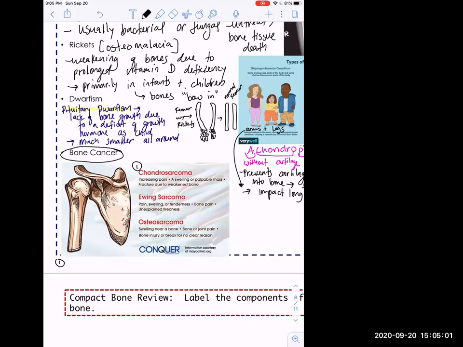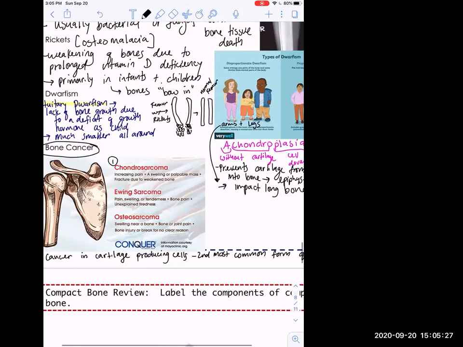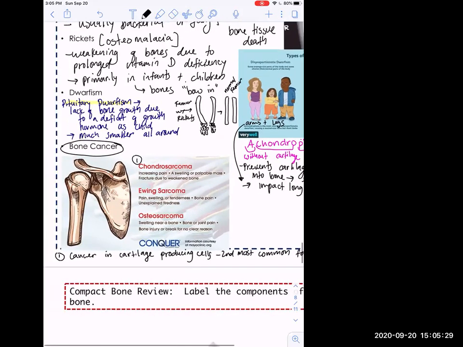So this is the formation of cancer in cartilage producing cells. It's the second most common form of bone cancer.